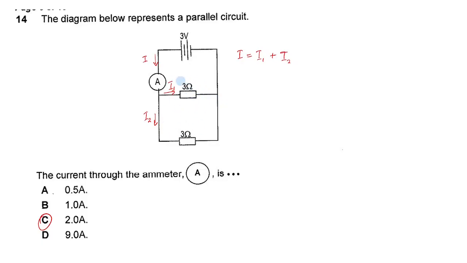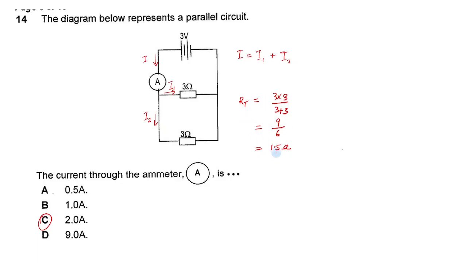When these are in parallel, the simple way of finding R total is 3 times 3 over 3 plus 3. That is 9 over 6, which is 1.5 ohms. So this is the total resistance here.